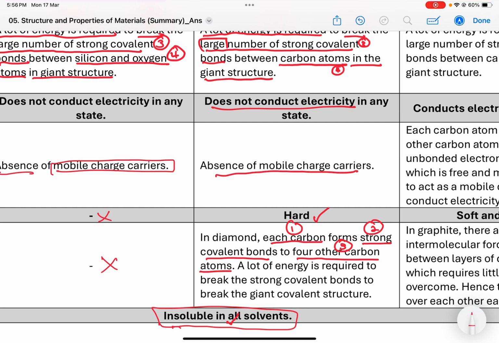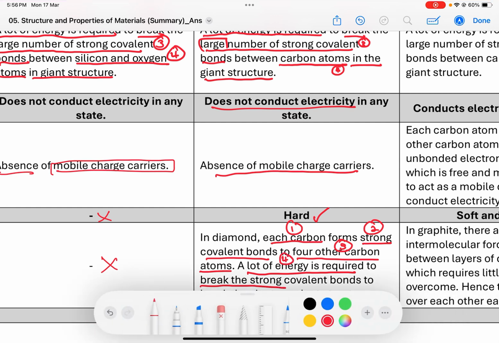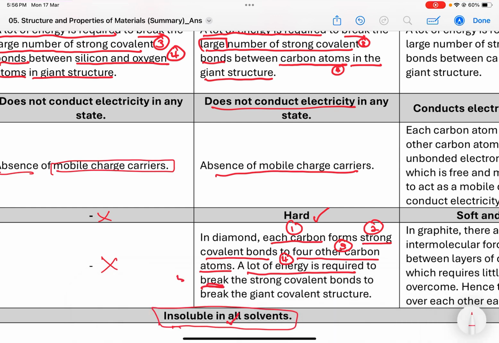So what happens is that because of this whole structure, a lot of energy is required to break, let me underline, the strong covalent bonds in the giant covalent structure.